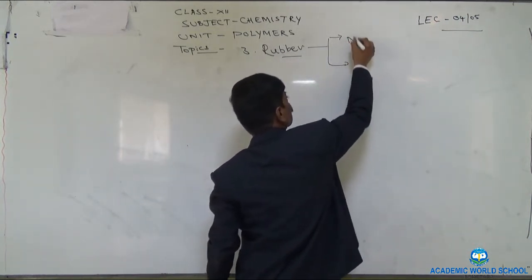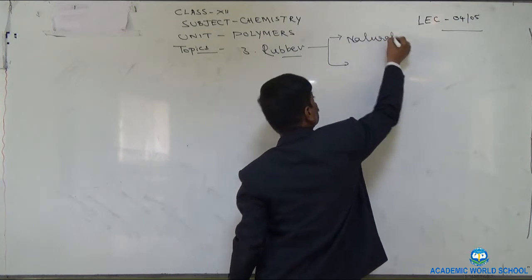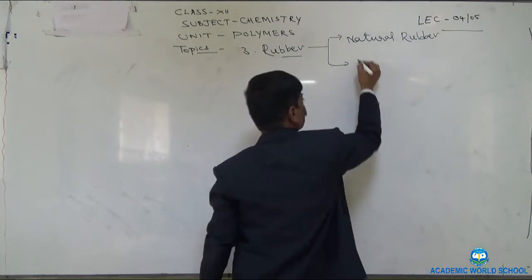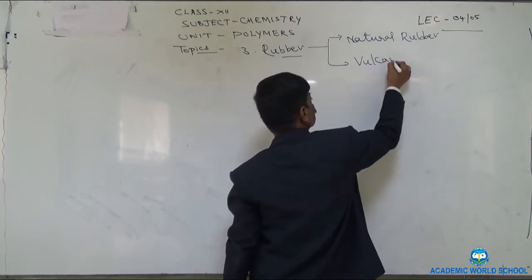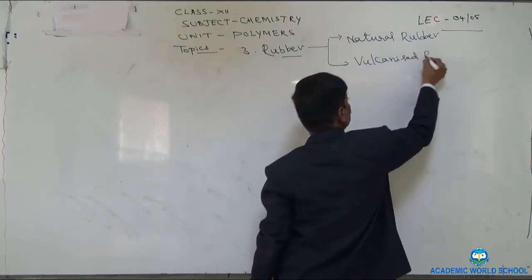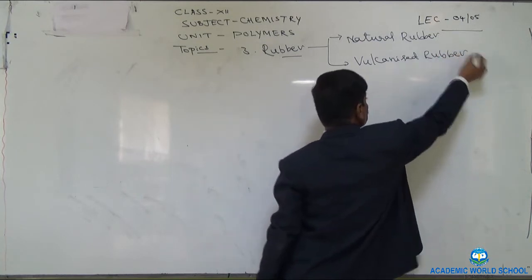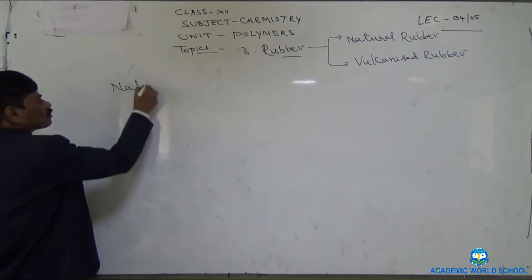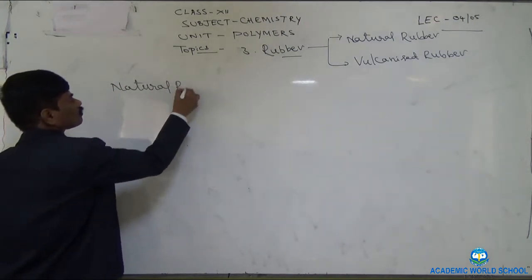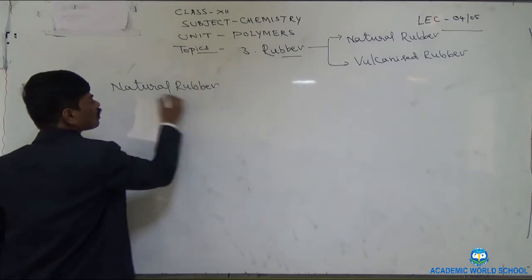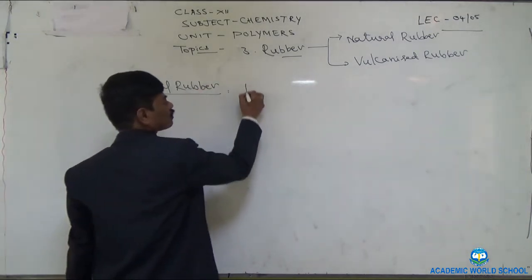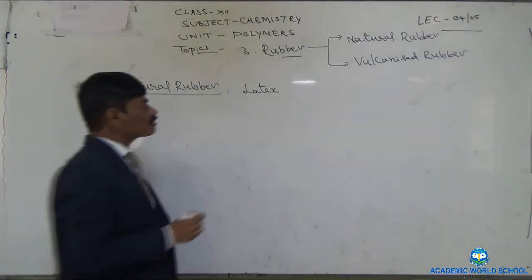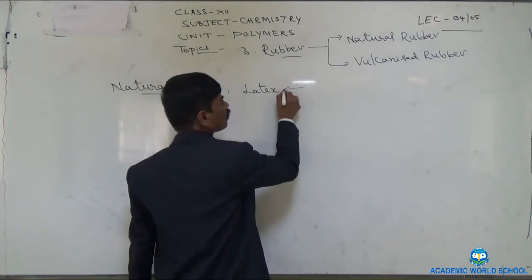One is natural rubber, and second one is vulcanized rubber. First, let us see the natural rubber. This natural rubber is obtained from latex. Right? This latex is obtained from rubber tree.